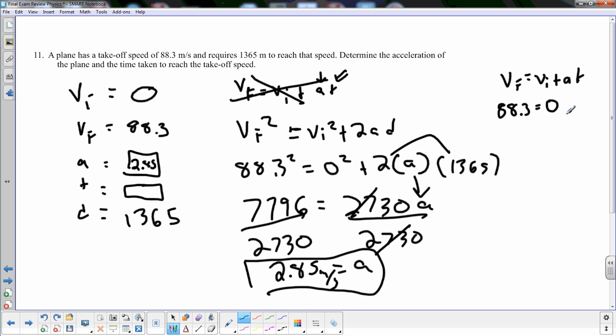That's irrelevant. Divide that side by 2.85. T is going to be 88.3 divided by 2.85, which is 31, call it 30.98, but 31 seconds. There you go. So that's your time, that's your acceleration, and that's the end of the kinematic section.